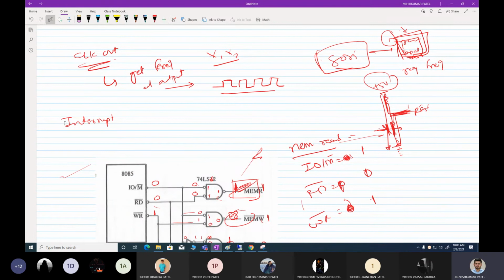Same way, when the 8085 performs routine programming, you can use the interrupt. Why do we need an interrupt? That's a very important question. Generally, you have different tasks with different priorities.